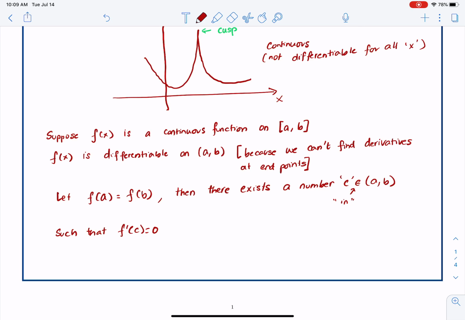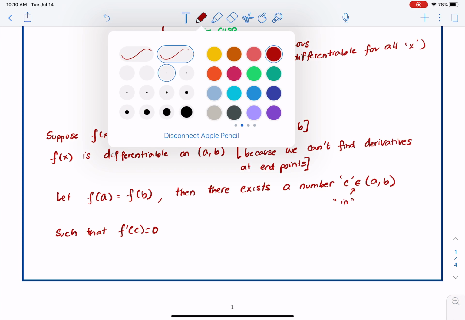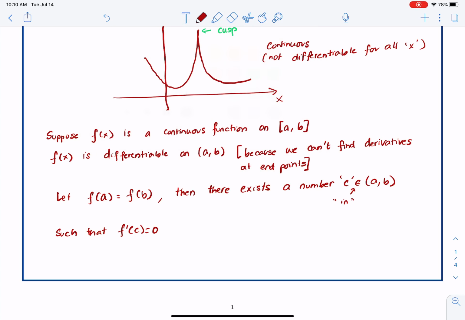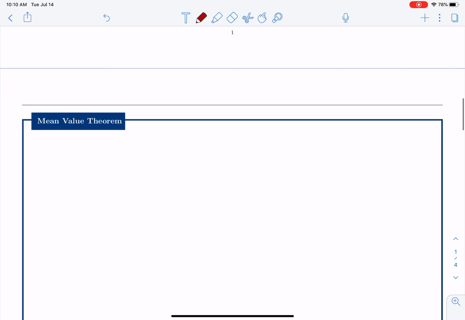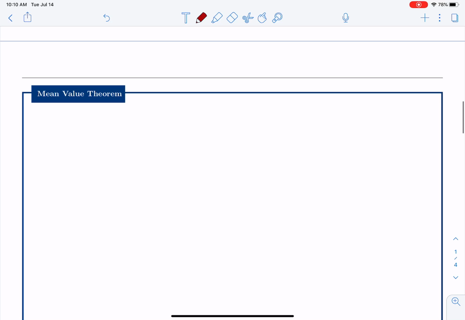Now I will demonstrate 3 different cases here. So even though it says mean value theorem, I'm just going to go ahead and draw it here.